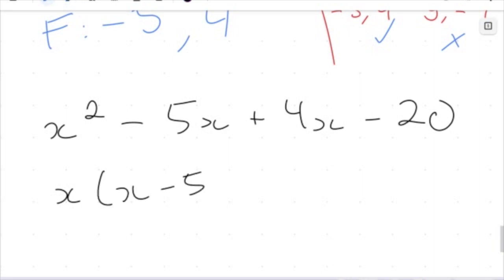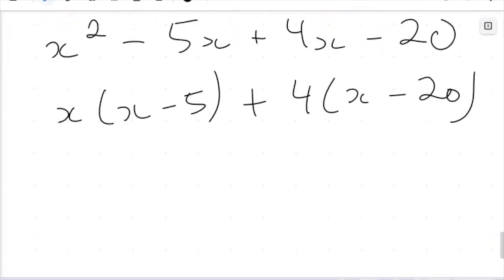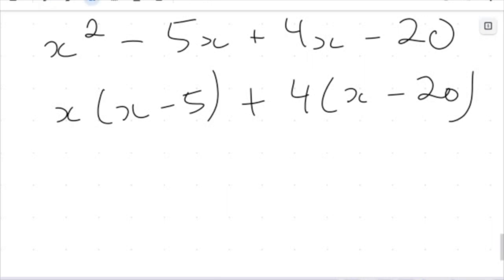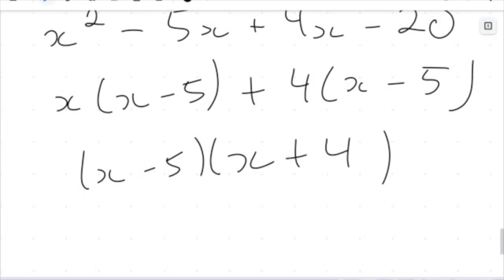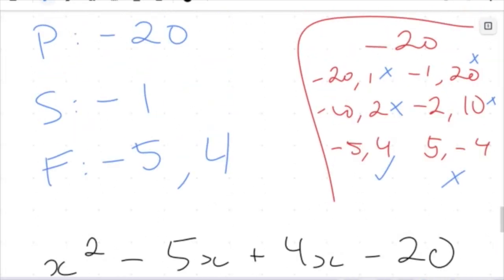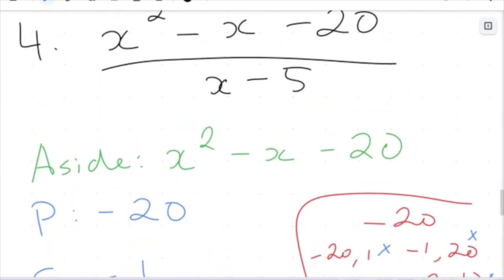We have x minus 5 plus, and in my other pair, my 4 is my common factor, so I have 4 times x minus 5. My bad. And the x minus 5 now is a common factor for both of these expressions, so I can pull that out the front. I have x minus 5 outside of x plus 4. That is my factorized version of x squared minus x minus 20.